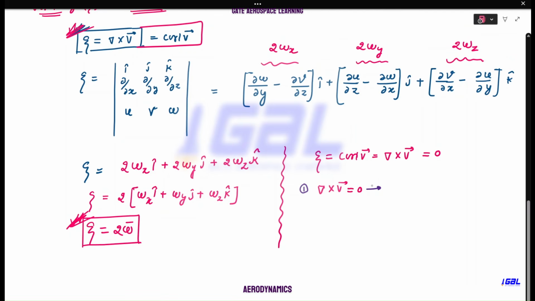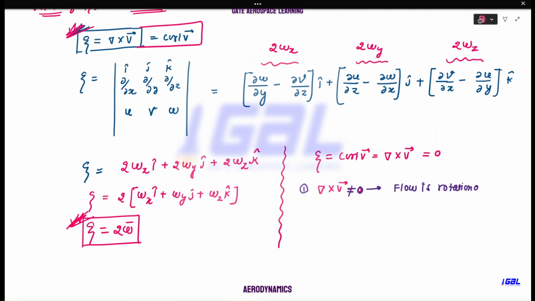And if it is non-zero, not equal to 0, at every point in the flow, please write this, at every point in the flow, if this condition is satisfied, or if your velocity vector component is not 0, then we say our flow is rotational. So let me write: we call it a rotational flow.